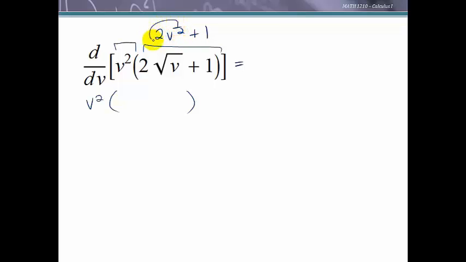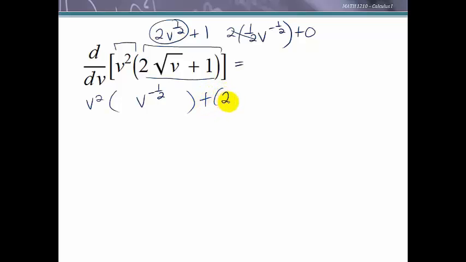The derivative of this term would be a power rule, so we would move the power out in front and decrease the power by 1, and then plus the derivative of a constant, which is 0. So in simplifying this, this would leave us with v to the negative 1/2, and we'll go ahead and multiply those in a minute. So this was first times the derivative of the second. So this v to the negative 1/2 is what we get when we differentiate this second function.